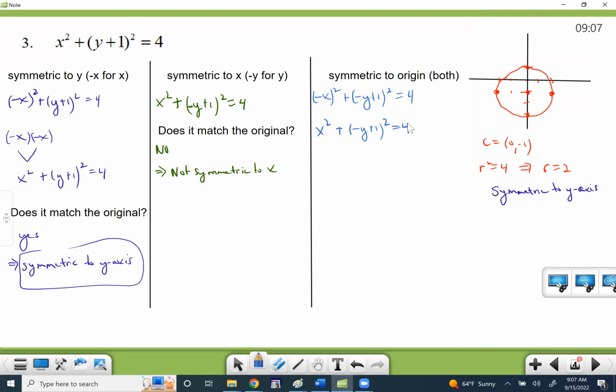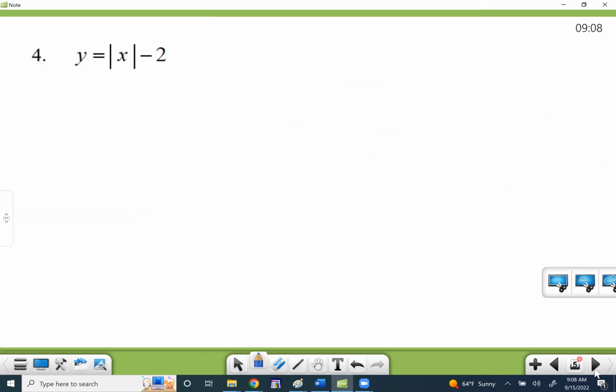Okay, so put that down. Does it match the original? No. So not symmetric to the origin. It's great when the algebra backs up, you know, what we know to be true visually.